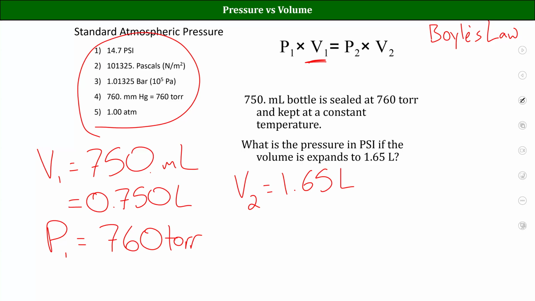If we know initial pressure, initial volume, and final volume, we can find final pressure by doing a little bit of algebra. You can do the algebra before or after you plug in the numbers. I solve for P2 first. I get P1 V1 over V2.